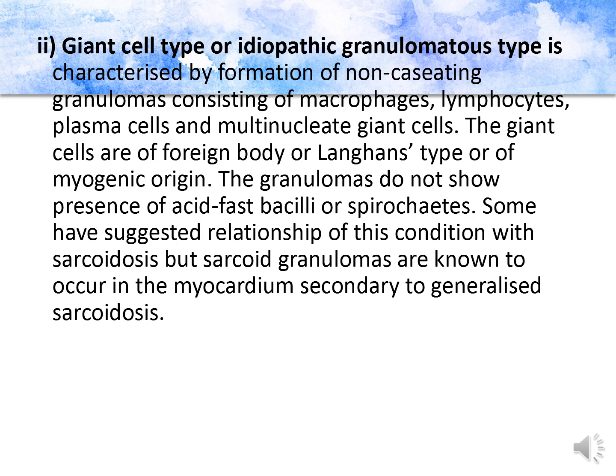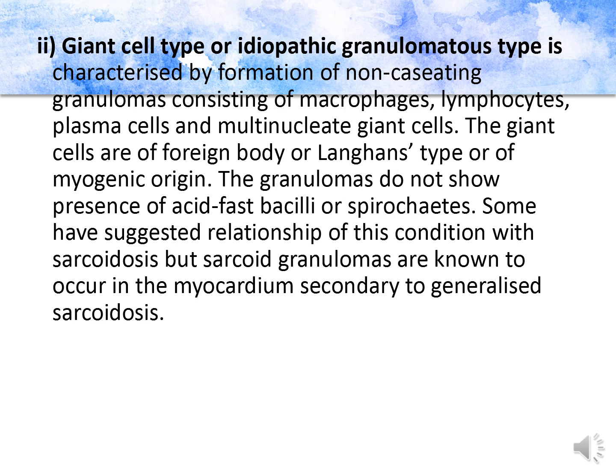But please remember, no caseous necrosis. The giant cells are of foreign body or Langerhans type or of myogenic origin. The granulomas do not show presence of acid-fast bacilli or spirochetes, so there is no connection with tuberculosis or syphilis.